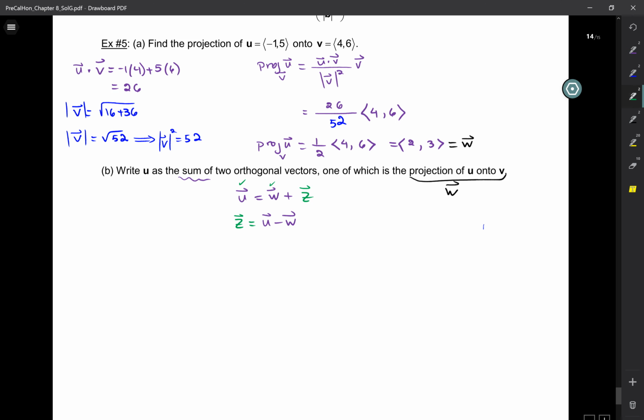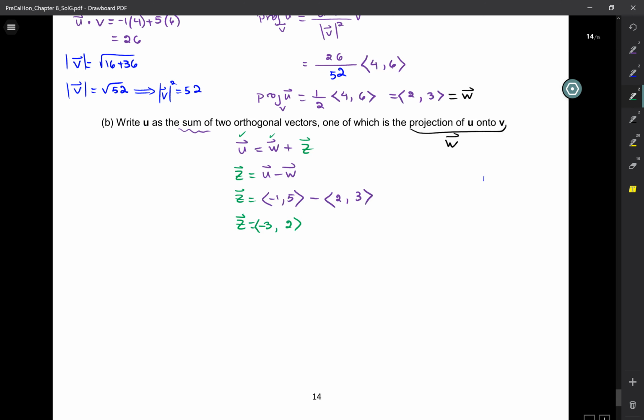So Z is U, which is -1, 5, minus 2, 3. So Z is -3, 2. Now, what does this say?